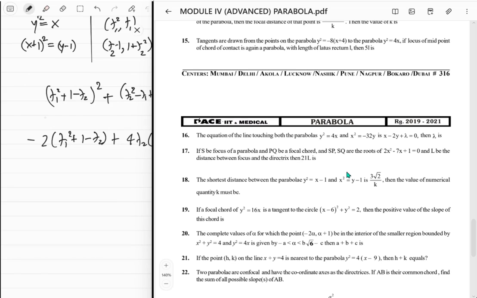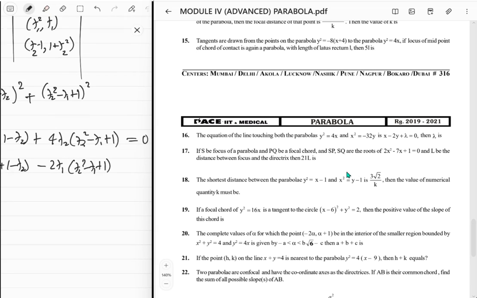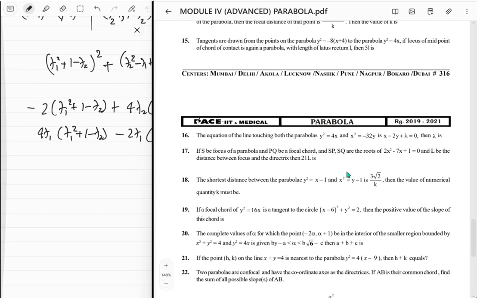Similarly, you can do something with t1. Taking the partial derivative with respect to t1, you got 4 t1 times all of this, so t1 squared plus 1 minus t2, and then the derivative of that thing. It's supposed to be minus right there, so minus 2t1, and then you got t2 squared minus t1 plus 1 is equal to 0, right?